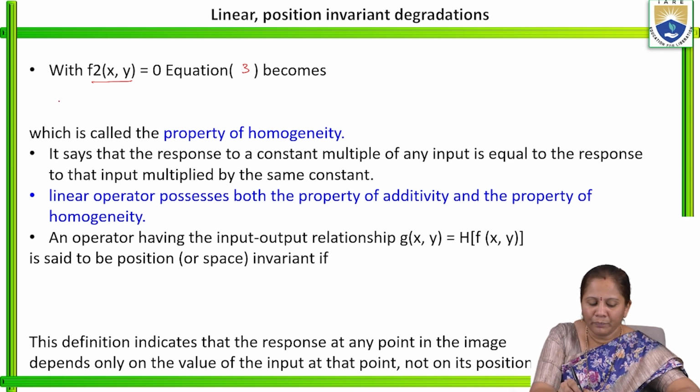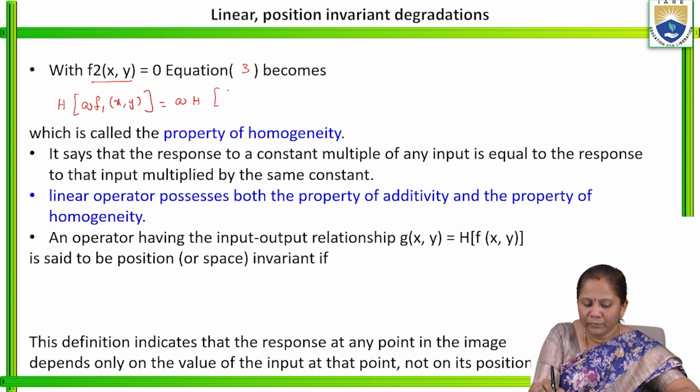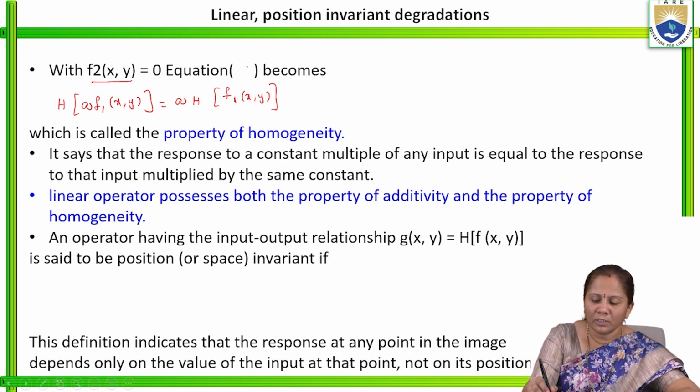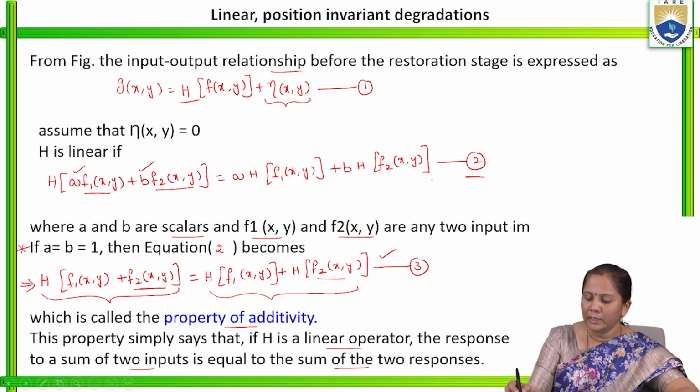So, considering this, equation 3 will become h of a f1 of x comma y is equal to a h of f1 of x comma y. This is based on equation 2.